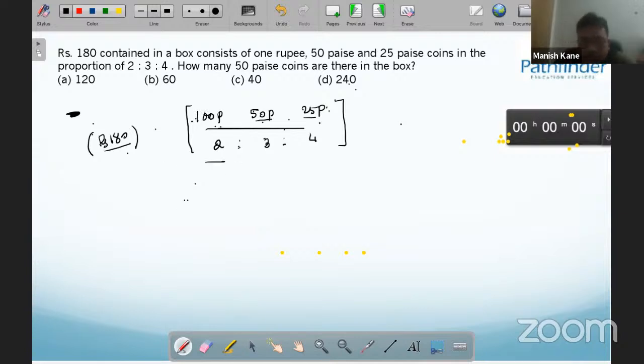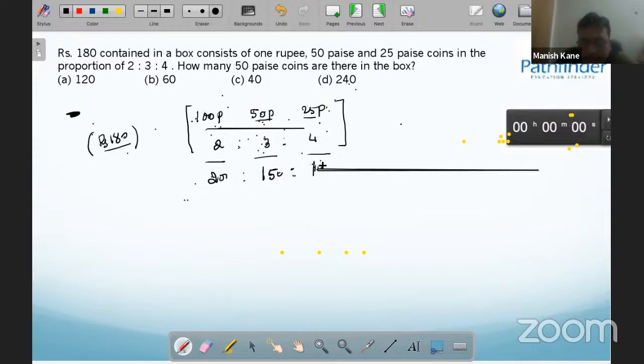So you have to take the ratio of total sum in the form of 1 rupee coin as to total sum in the form of 50 paisa coins and total sum in the form of 25 paisa coins. So we have 200 as to 150 as to 100.